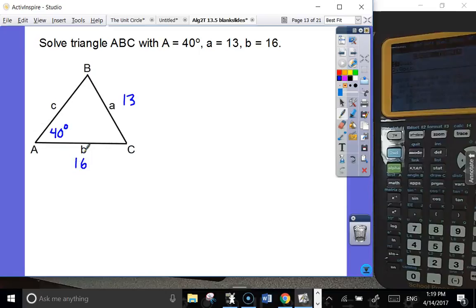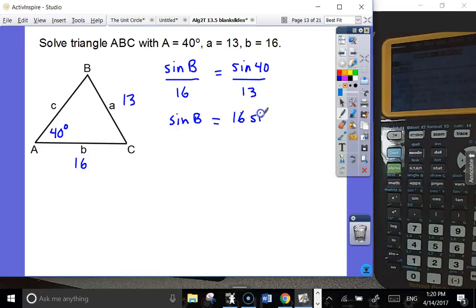The sine of B divided by 16 equals the sine of 40 divided by 13. So the sine of B equals 16 times the sine of 40 divided by 13.